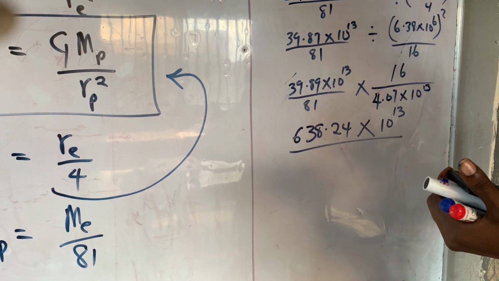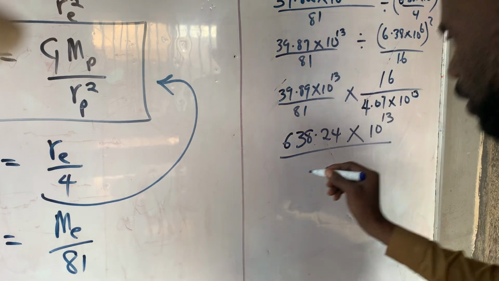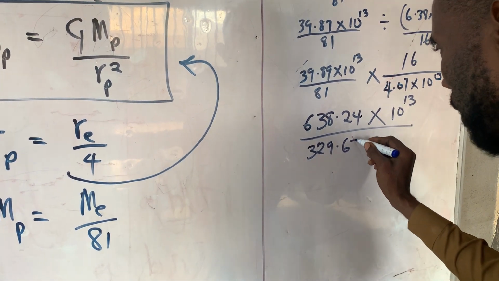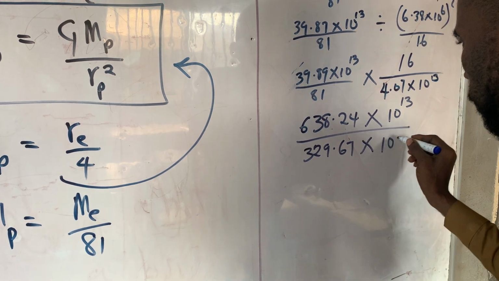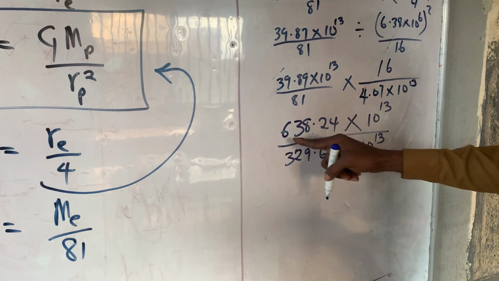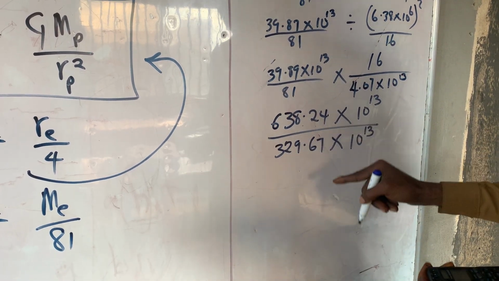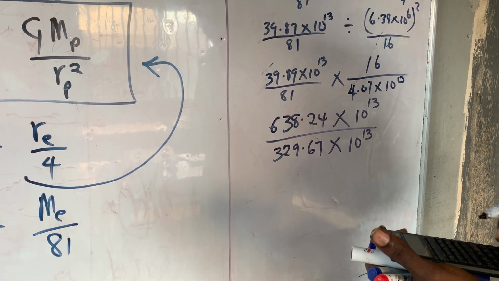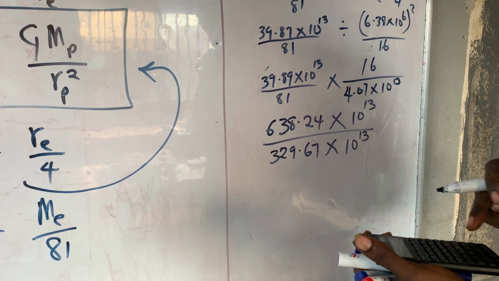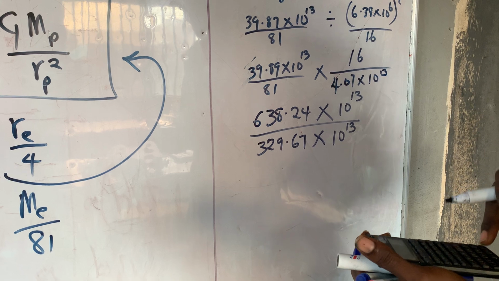So 81 times 4.07 is giving us 329.67 times 10 raised to the power of 13. Now you can see what we have here. So here now we take 638.24 divided by 329.67.